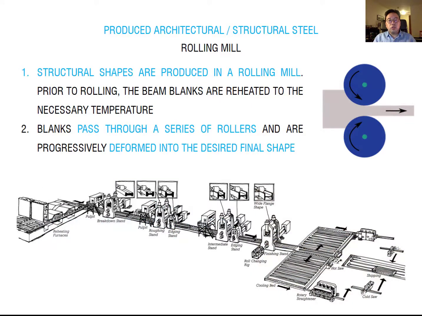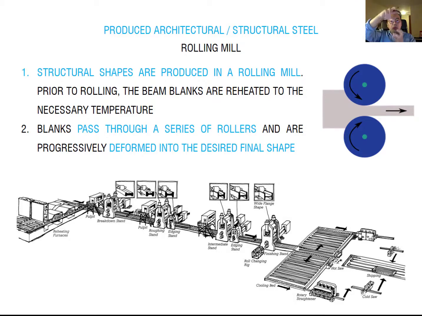So the next option is rolling mill. Prior to rolling, you usually have a steel block, so you need to reheat it to make the structural form easily. When the metal is reheated, it becomes more malleable and more flexible. So when the reheated metal block rolls down through the rollers, you can make a desired shape.